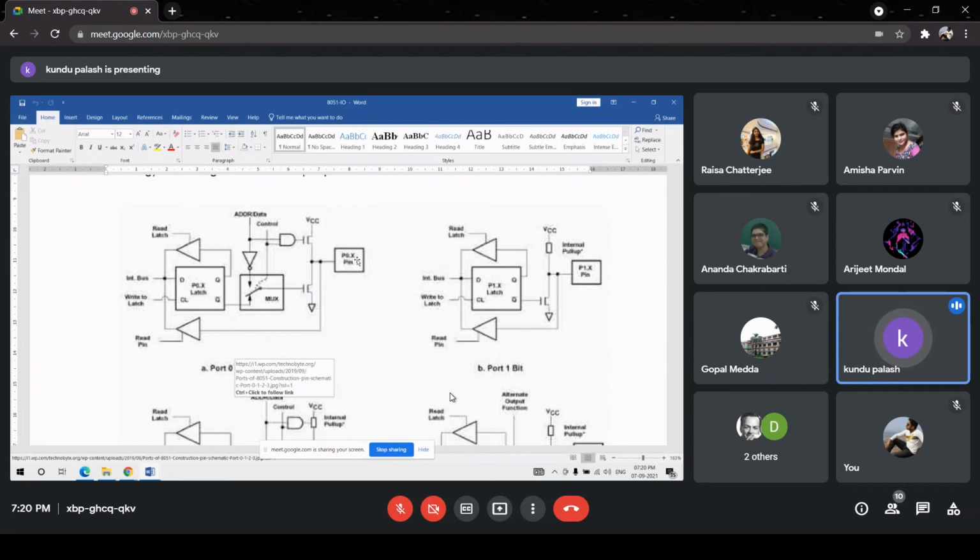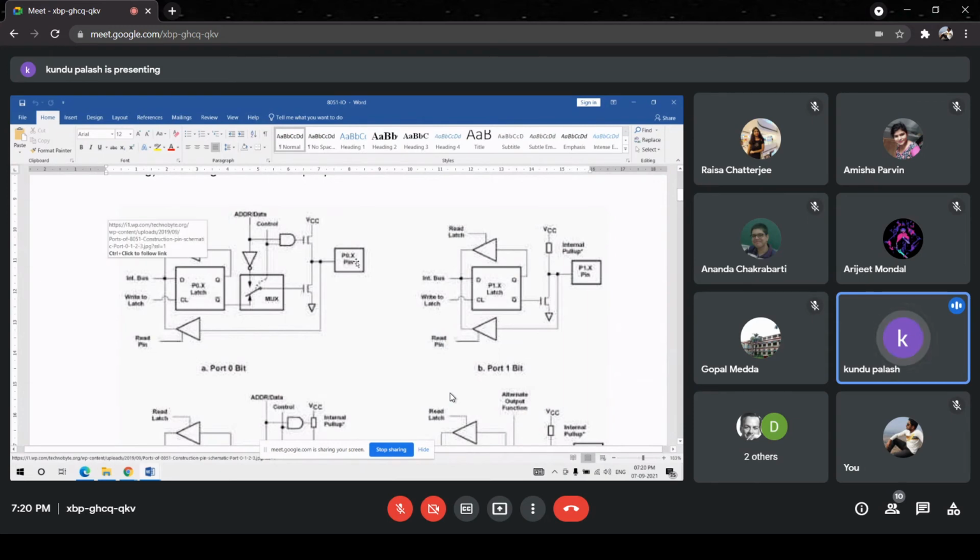So, this is the pin. That means for reading the data from the outside world, when the port is configured as an input, this buffer is enabled, but this buffer is disabled, so that the signal can flow from here to here.